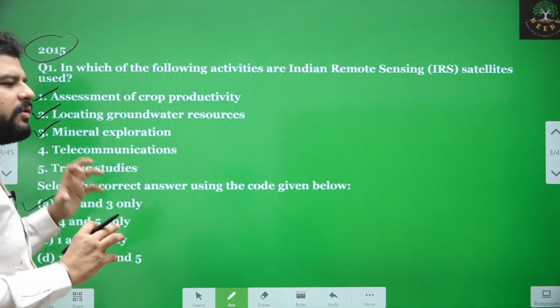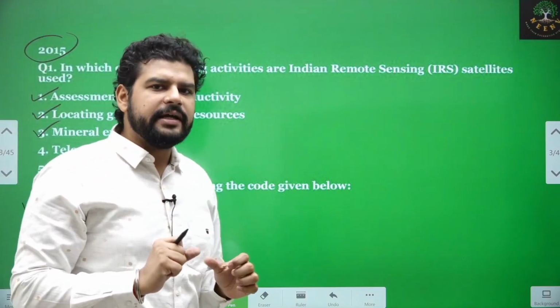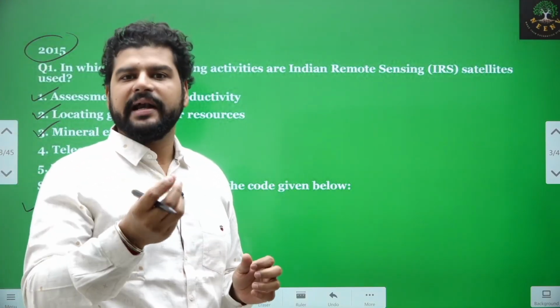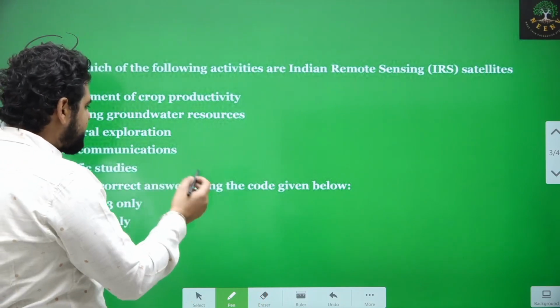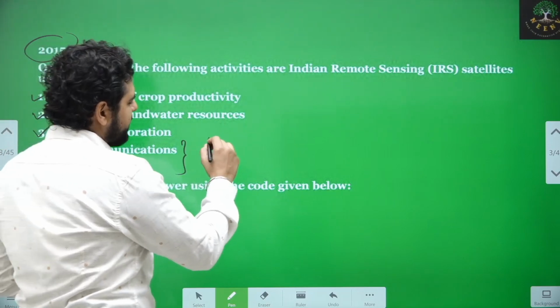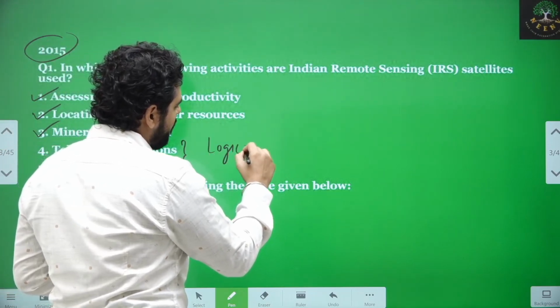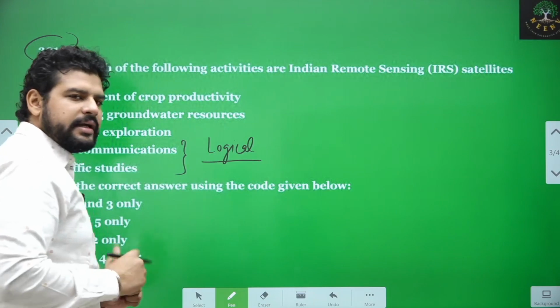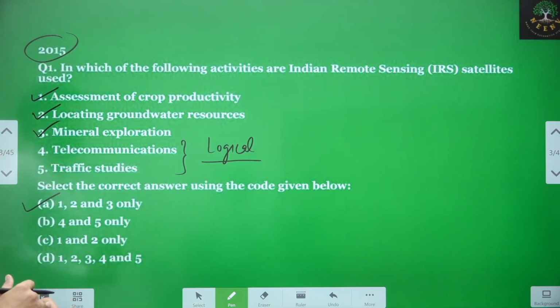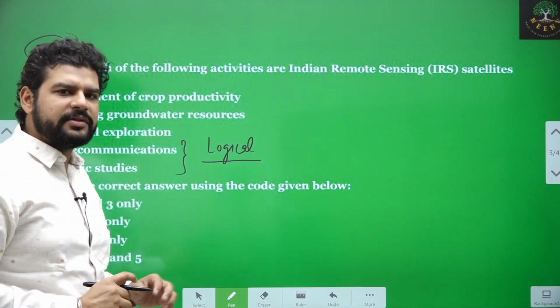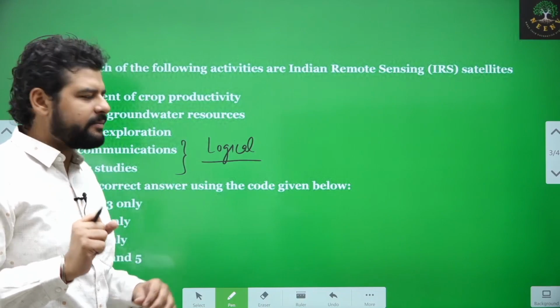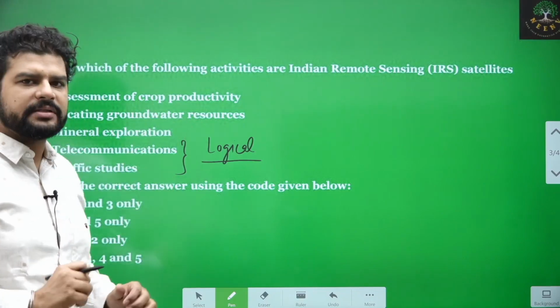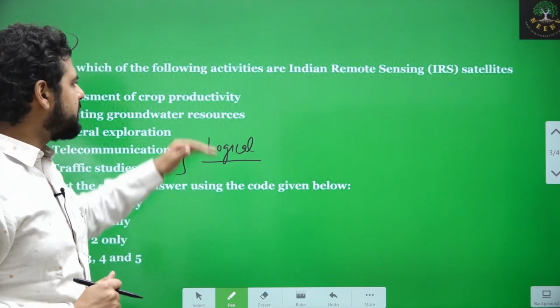Also, if you had only a little bit of idea and a little bit of conceptual clarity about the topic, you could have guessed a little. That's not exactly a guess, but logical thinking, that these two seem to be different from the above three. They stand out from the other three topics.